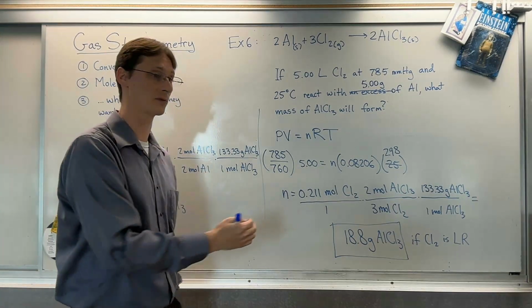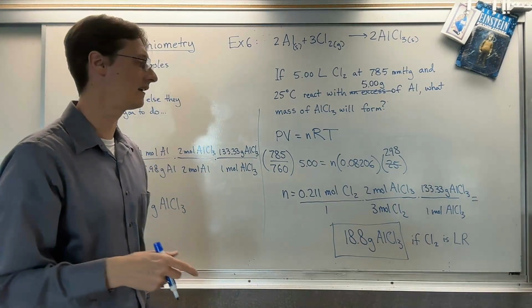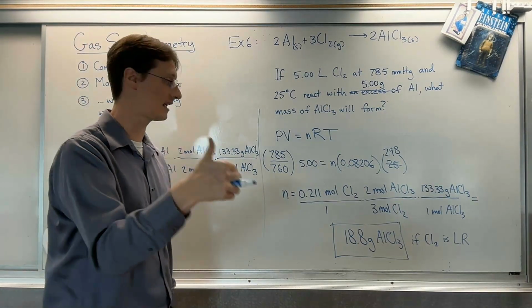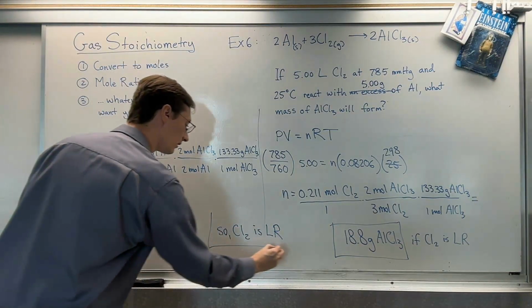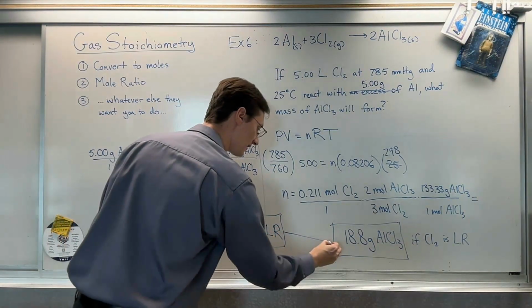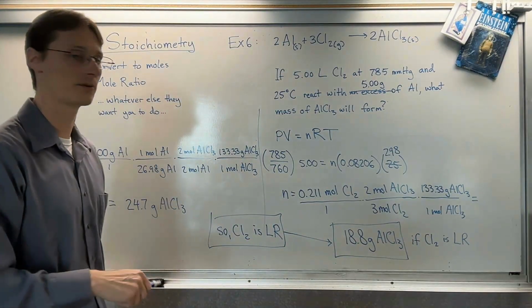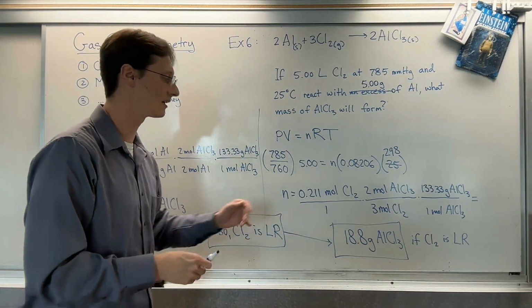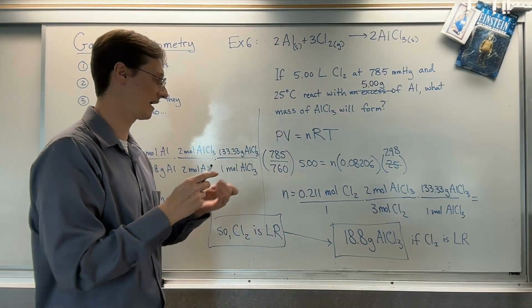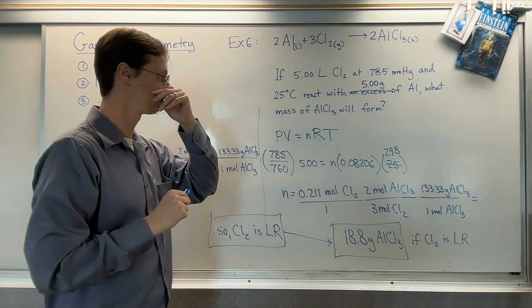That's a smaller result. That right there is telling me that the chlorine is the limiting reactant, and therefore I choose this as the answer. So in fact, given this modification to the question, we would get still 18.8 grams of aluminum chloride.